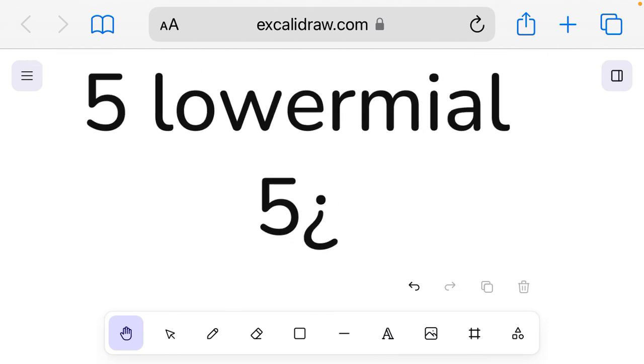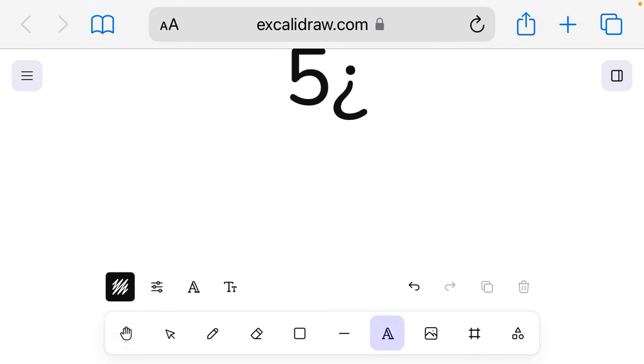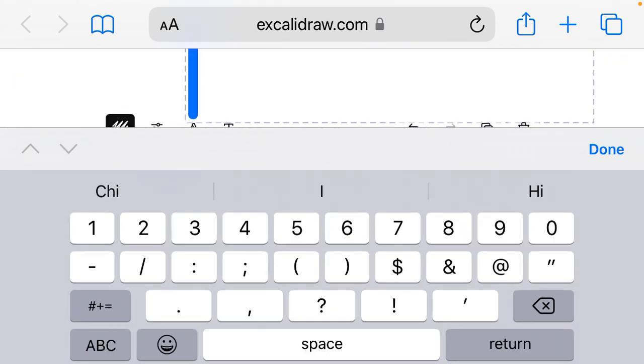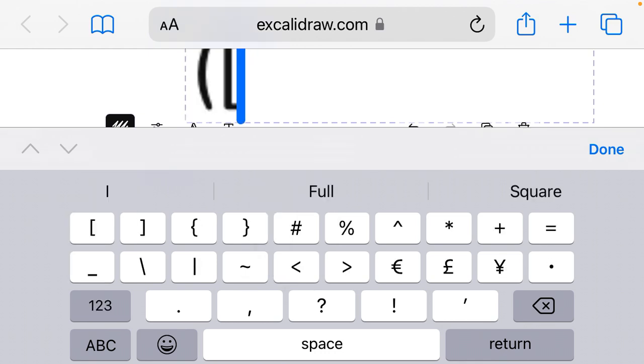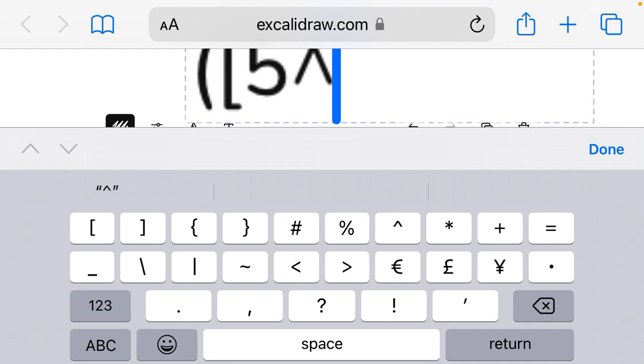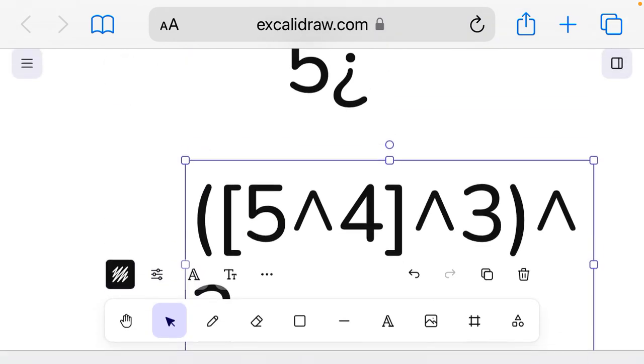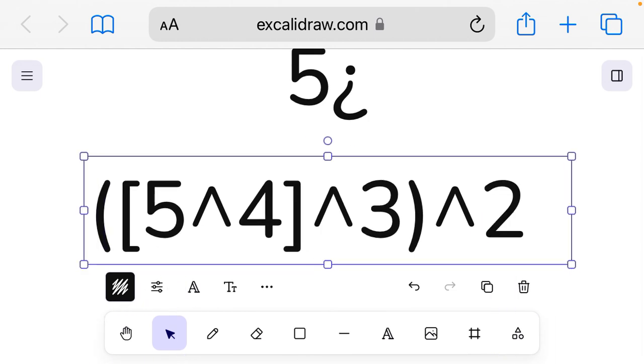And if you want to write it, it's the same as exponents, but you start from the left. It's like left tetration, and I have a video of left tetration in the description below. So we have 5 to the power 4 to the power 3 and squared. It's like this.